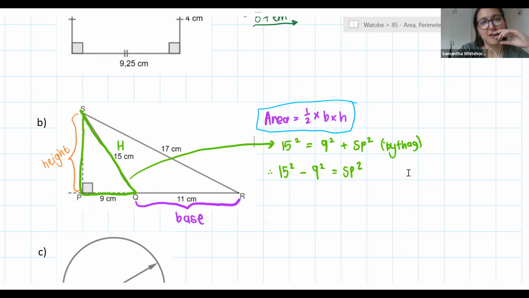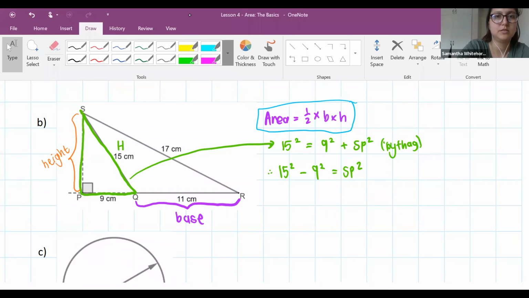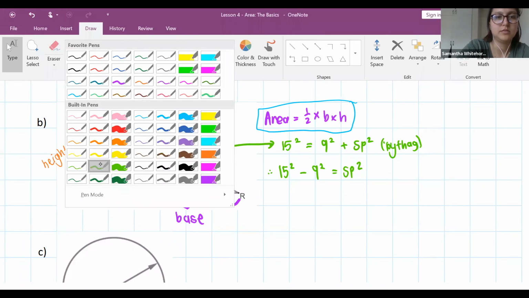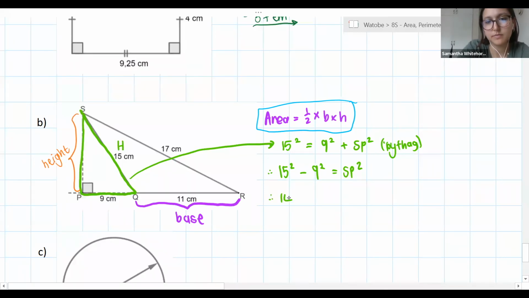Hey, Lolita, do you want to try? Good evening, ma'am. So to figure out the height, I said 15 squared minus 9 squared equals 144. Good. And then I rooted SP squared and 144, which gave me SP equals 12.